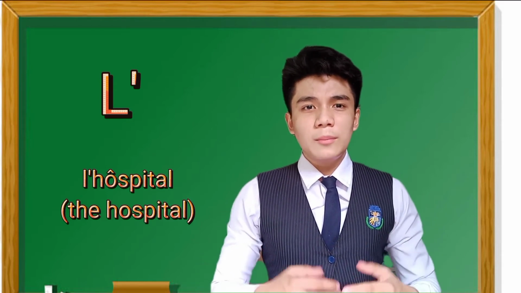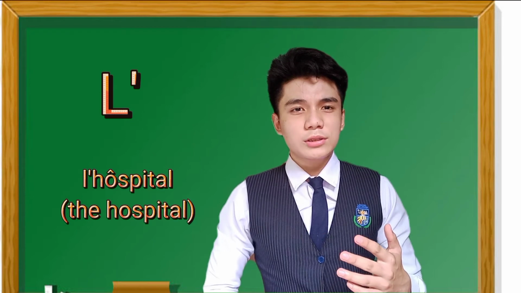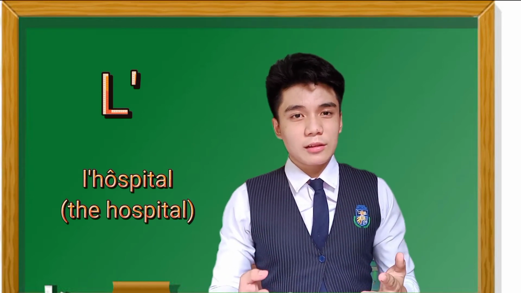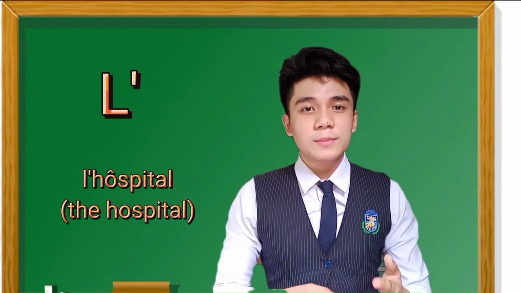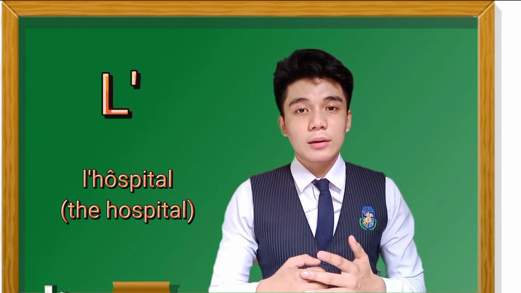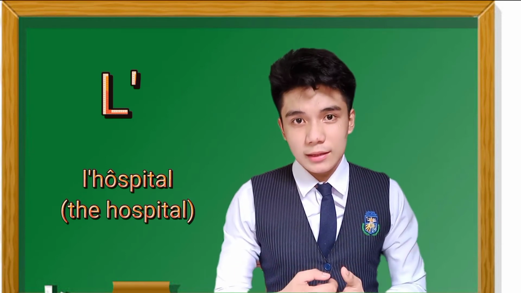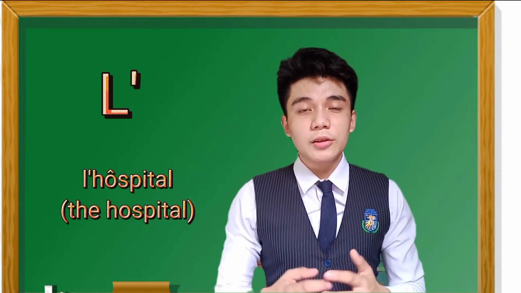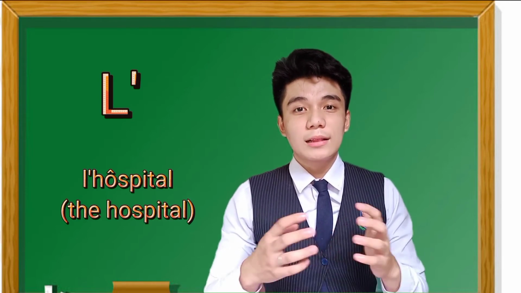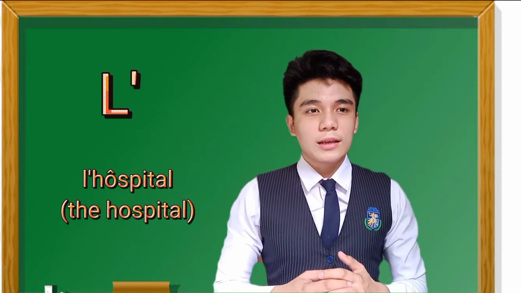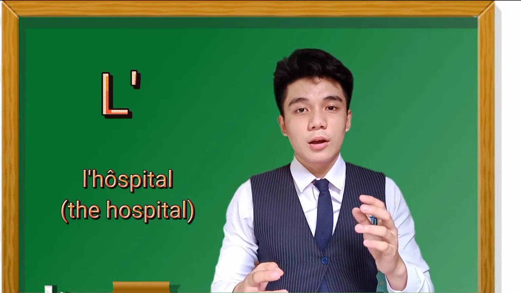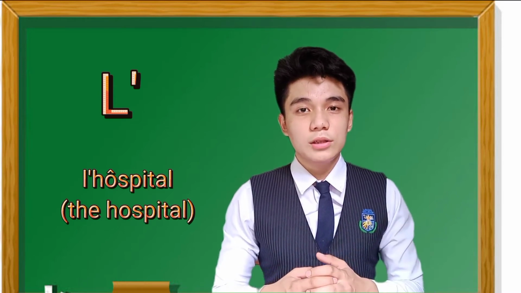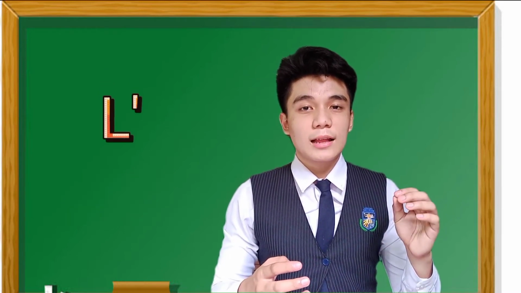Maybe you can ask me why we use the second definite article on the word hospital, or l'hôpital, when the first letter of it is the letter H. For additional knowledge, my dear HM, the letter H is treated like a vowel letter in French. So if you have the word hospital or hôpital, you can use the second definite article, the l', and pronounce it as l'hôpital.